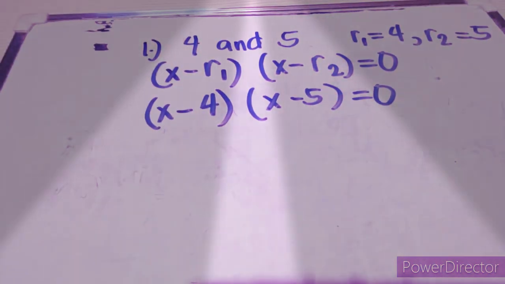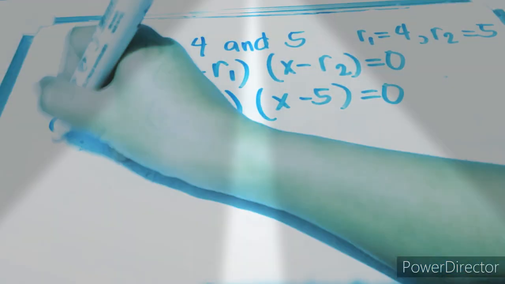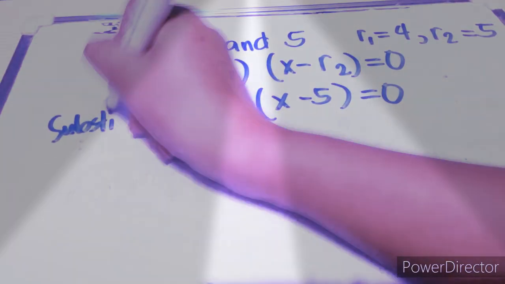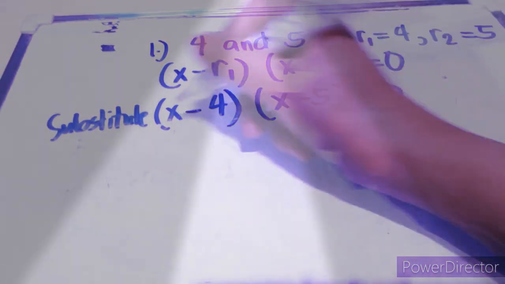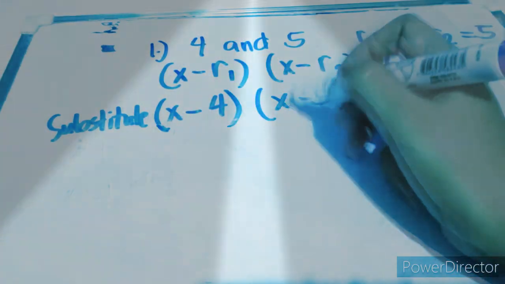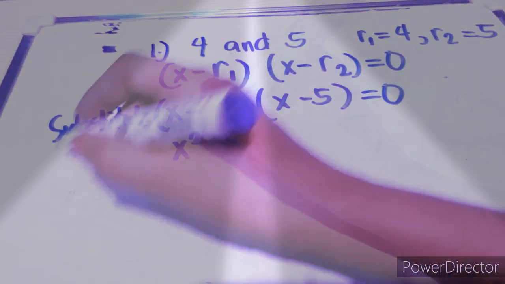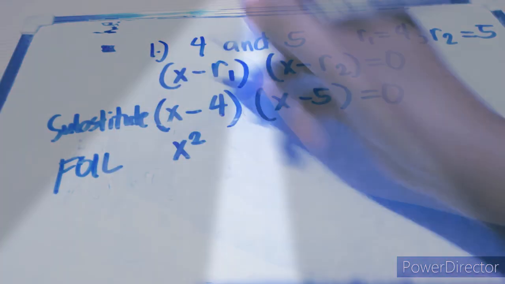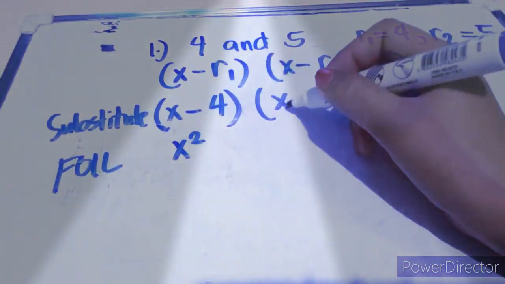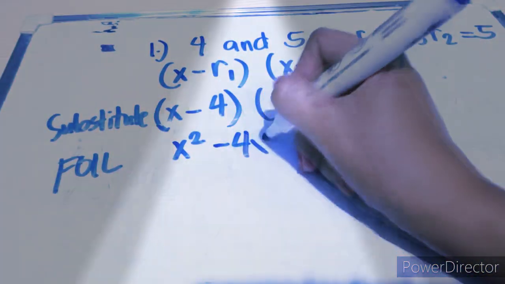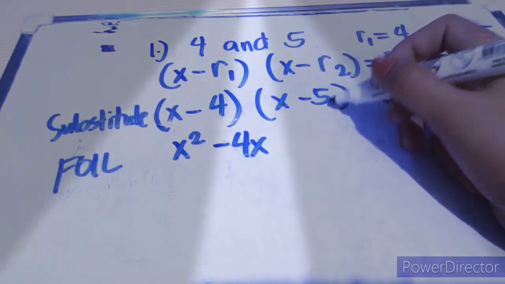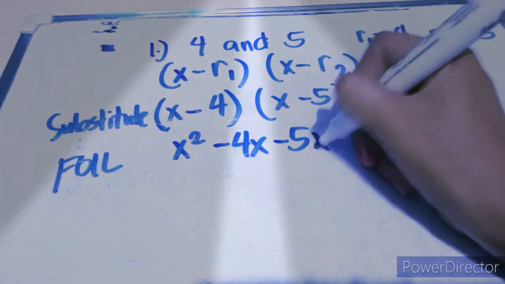And after that, use the FOIL method in finding the product. So you have x times x, so you have x squared. Then negative 4 times x, we have negative 4x. X times negative 5 is negative 5x.